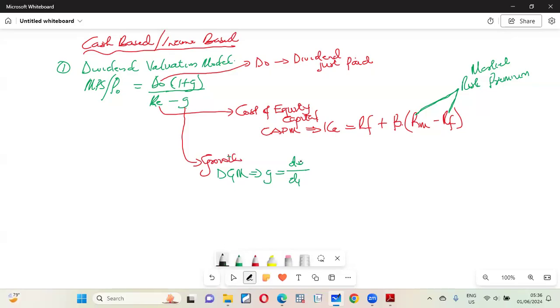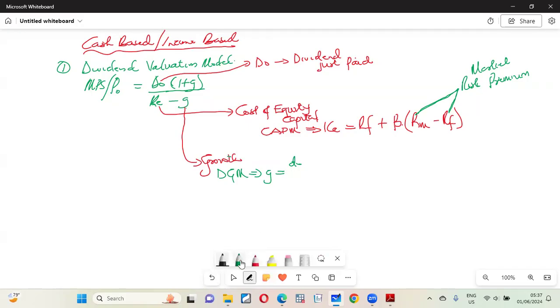So D0 is the dividend of the current year, the one that was just paid.